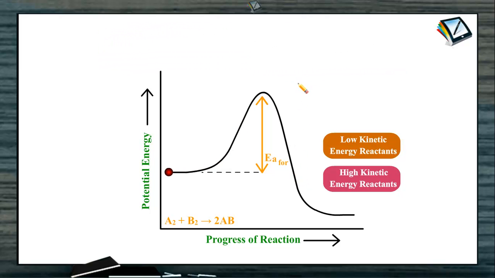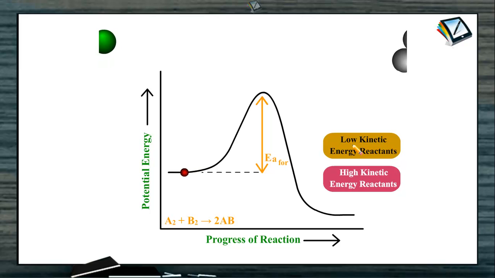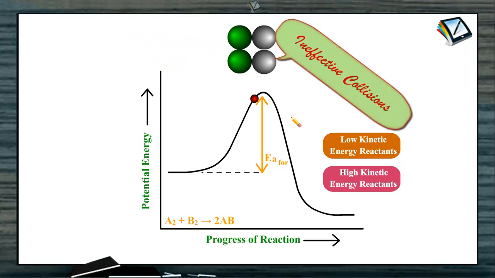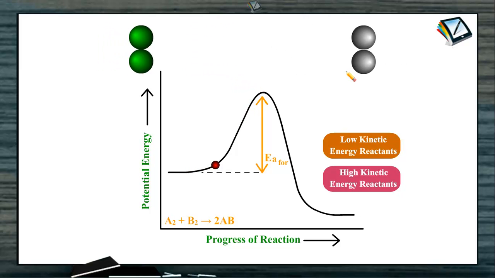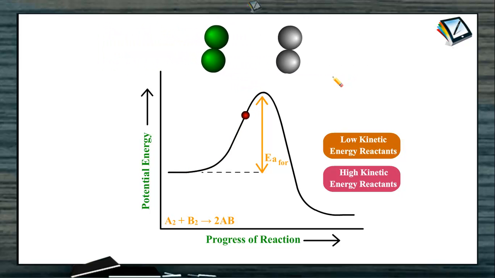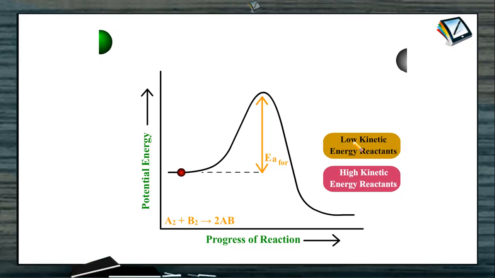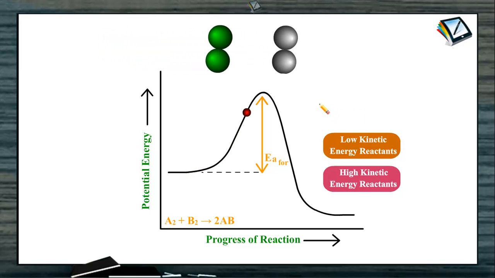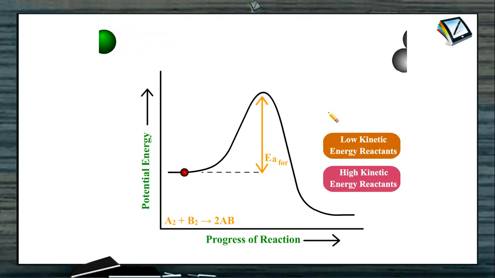And already we had learned in the same session that these collisions which are not leading to the formation of the products, we call them ineffective collisions, isn't it? So in this case, reactant molecules are not satisfying the energy criteria. The reactant molecules do not possess the minimum amount of energy, that is threshold energy, in order to form products.